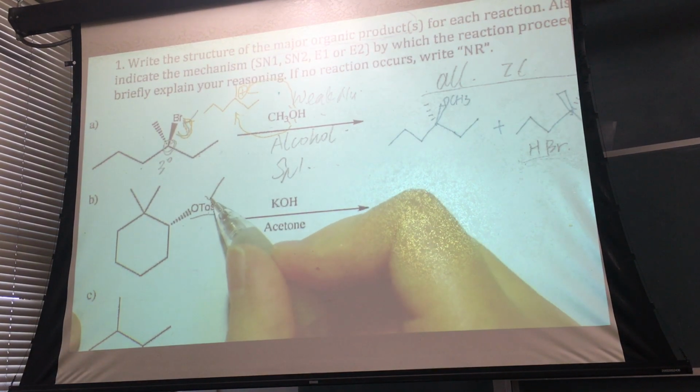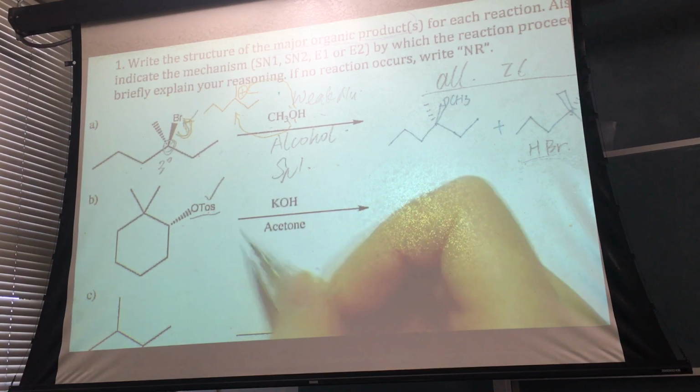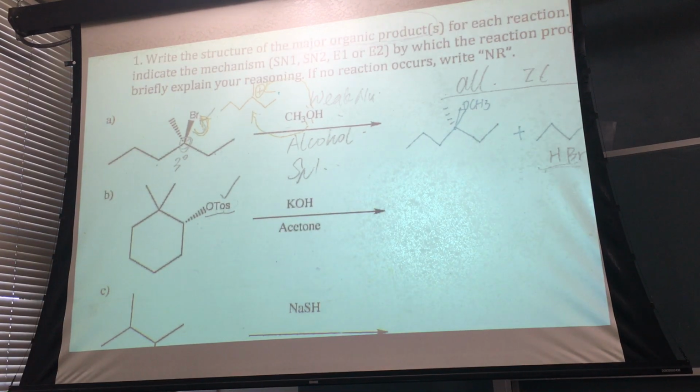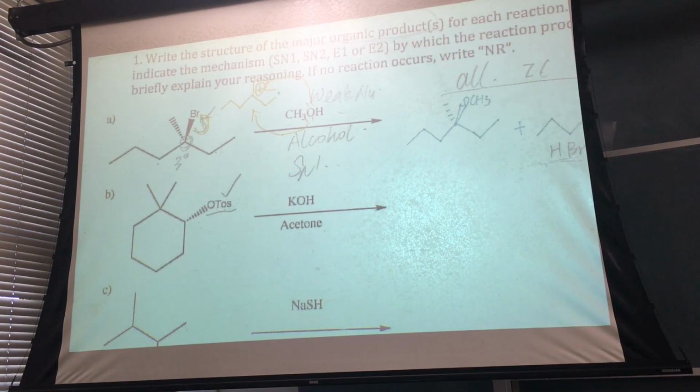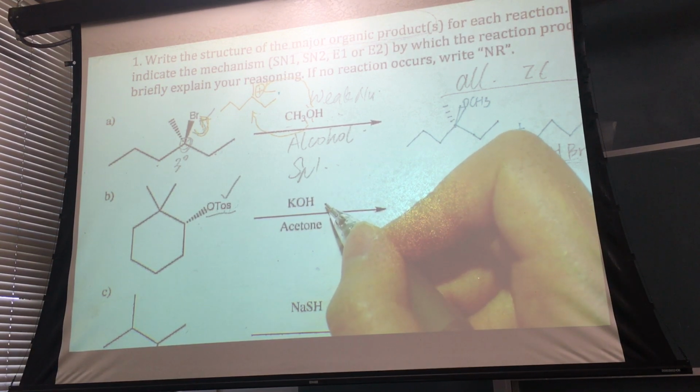OTs is a good leaving group. At your stage, you just need to know this. If I have time, I'll go over what it is, but I guarantee you don't really want to know the structure. KOH, what's that? Vote for nucleophile, hands up. Vote for base, hands up.